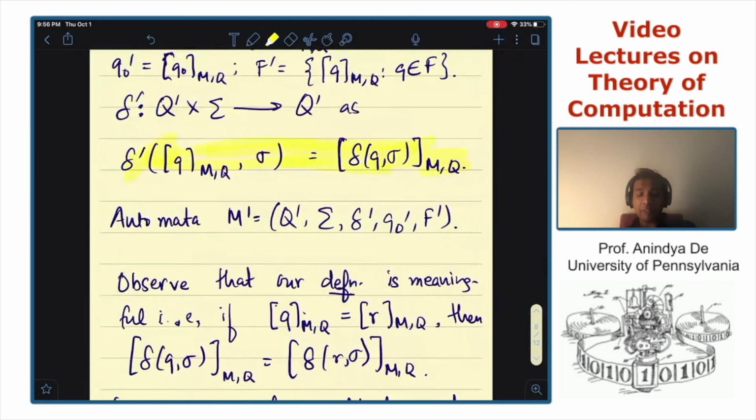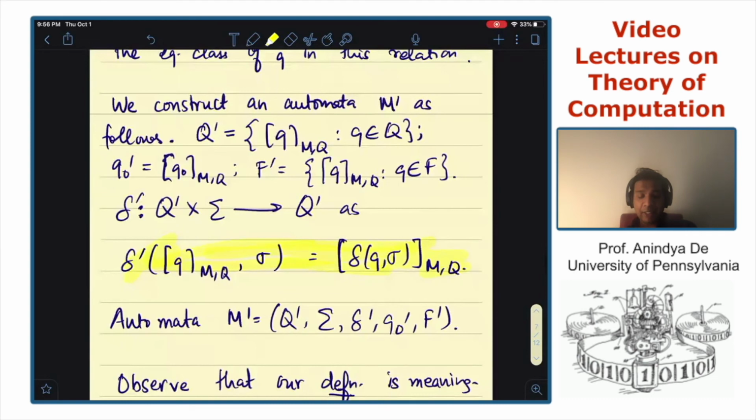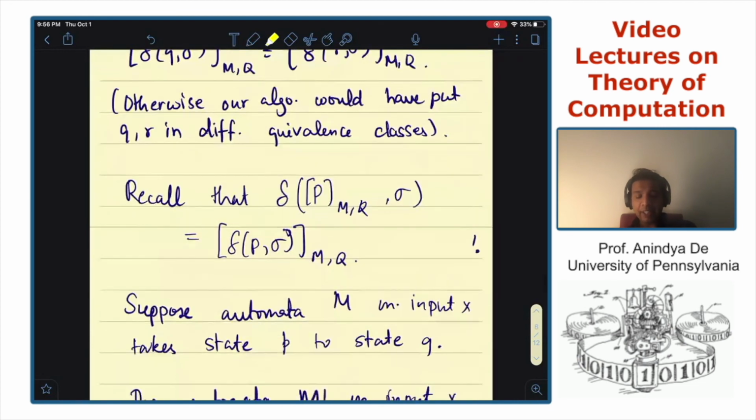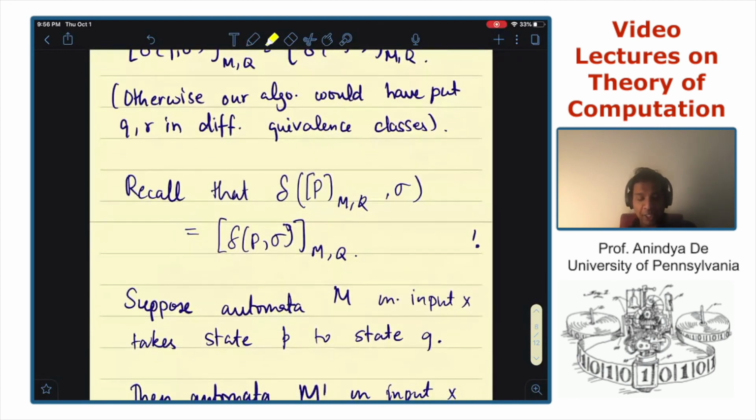So now that we have defined the DFA M prime, we need to show that its language is the same as M's. This follows easily. Recall, by the definition of the transition function, if you start at the state corresponding to the equivalence class of p and you read sigma, then you go to the state corresponding to the equivalence class of delta(p, sigma).